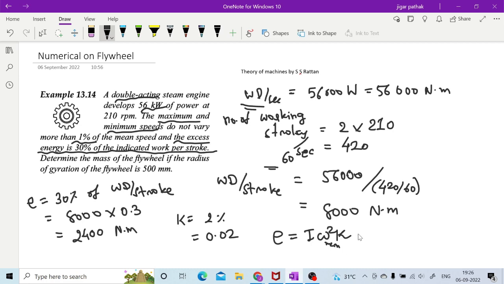I is written as m k square, as I have told you, so m k square omega square into K. This K and this k are different actually. This is the coefficient of fluctuation of speed, while this small k is the radius of gyration.